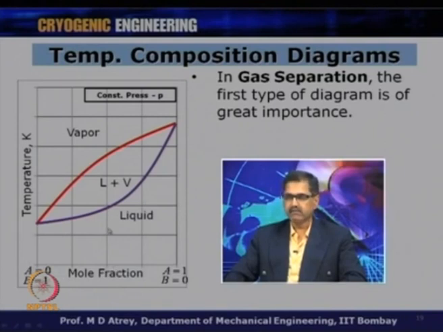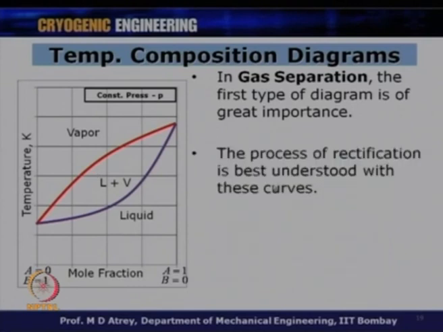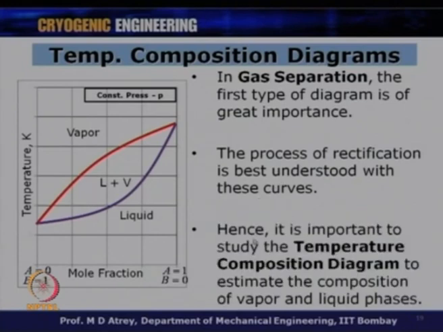So, here is a diagram which gives you all the details, and now we will understand this diagram, and we will be using it henceforth for all the understanding later. The process of rectification is best understood with these curves, and therefore, as I said, we will stick to these diagrams now. Hence, it is important to study the temperature composition diagrams to estimate the composition of vapor and liquid phases.